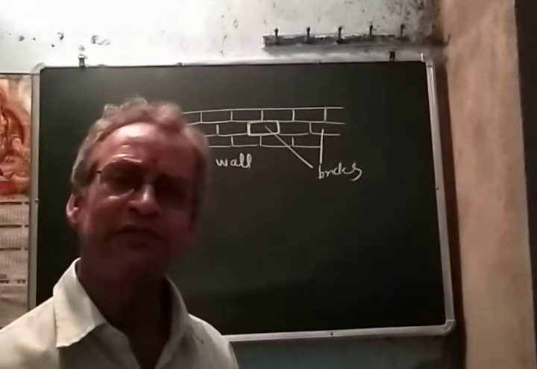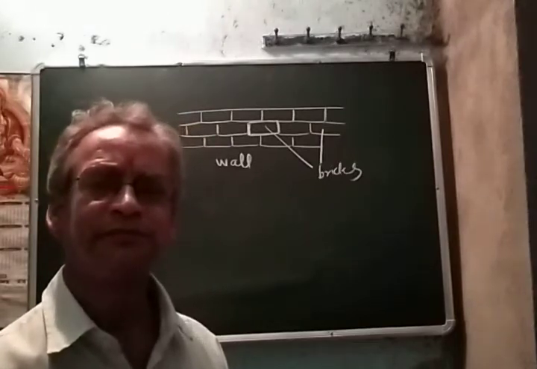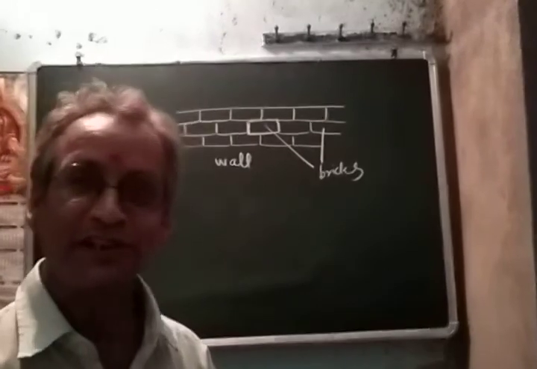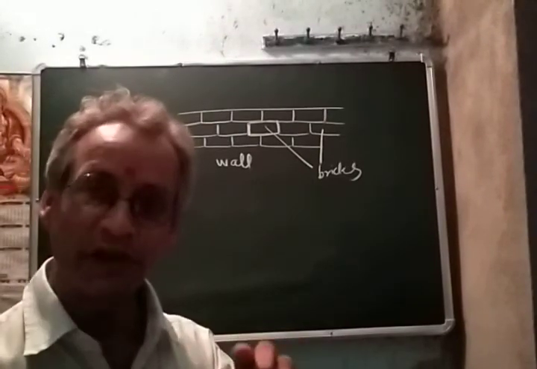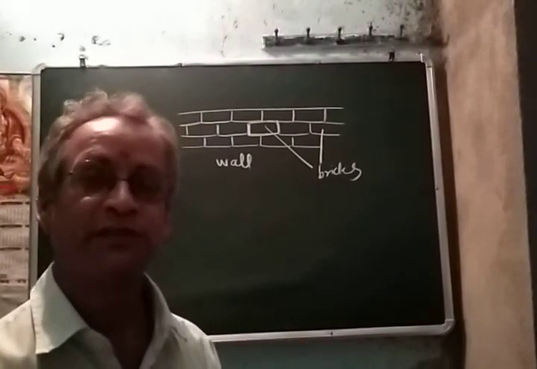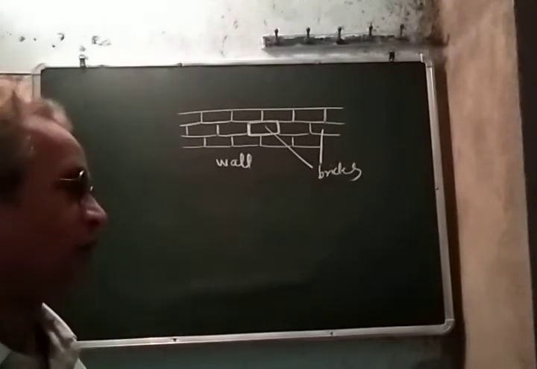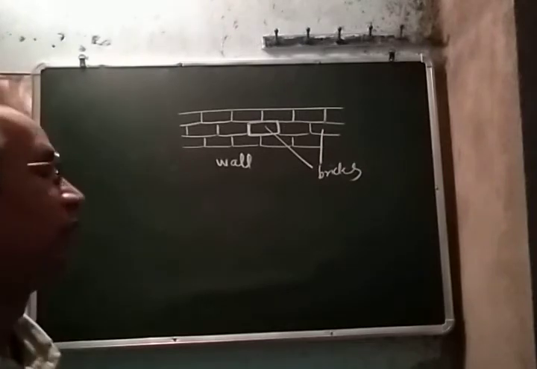All organisms are made up of smaller and smallest parts, and the smallest part of this body or organism is called a cell.